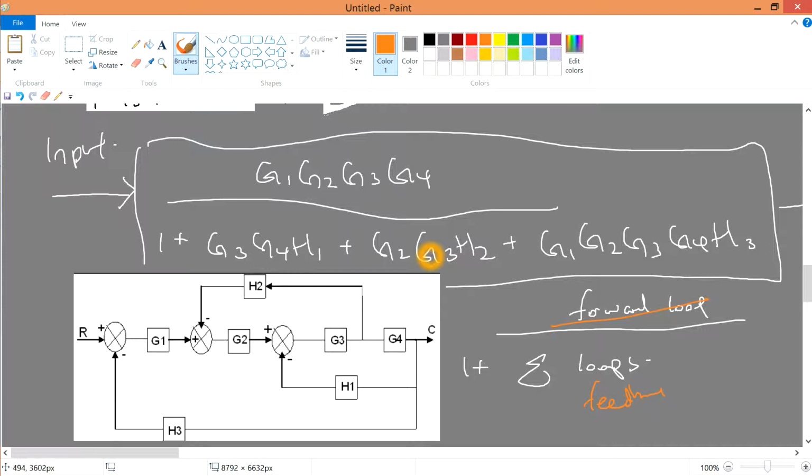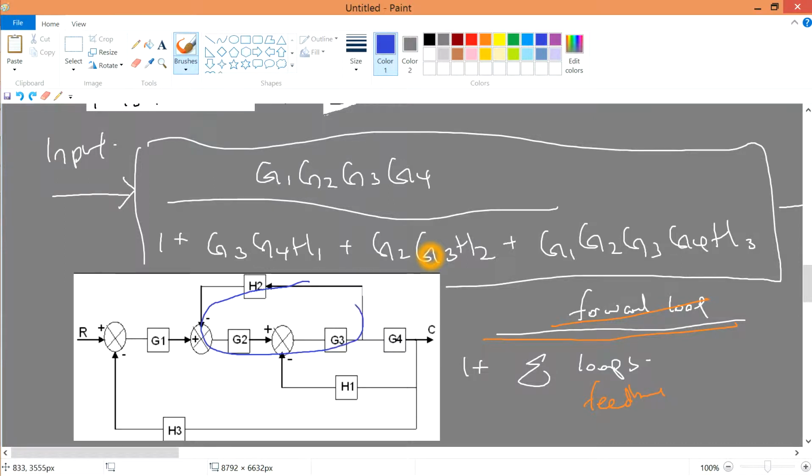Forward loop, bam, you have G1, G2, G3, G4, which is what is over here. Multiply everything together, bam, that's it. Divided by 1, because it's a feedback now, 1 plus the summation of all other stuff. So take note, all other stuff is what? The feedback loops, right? Let me take a darker color.